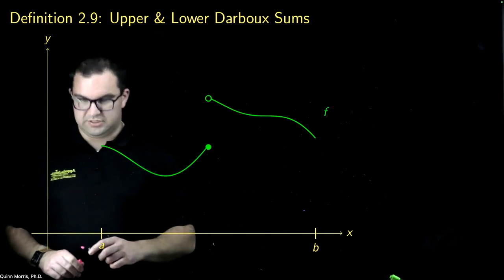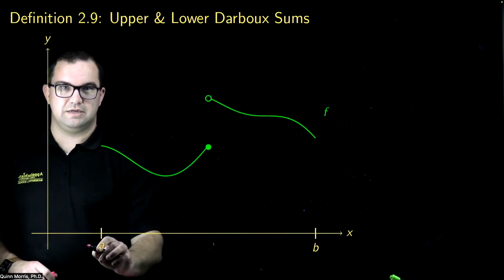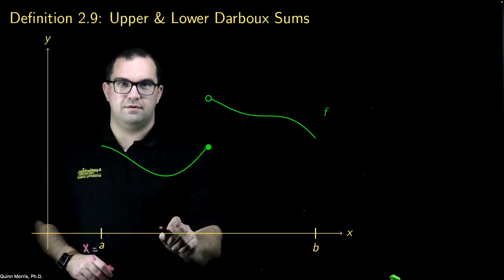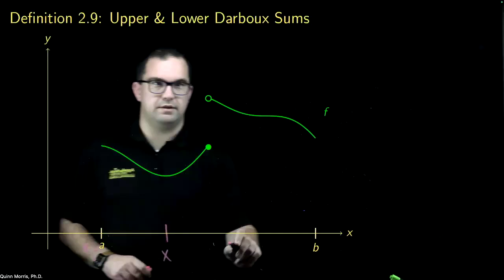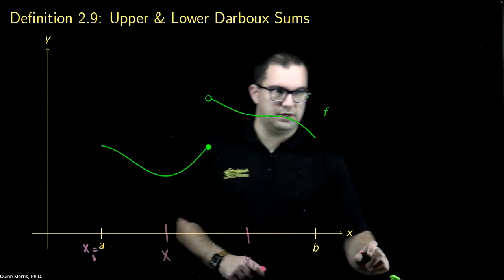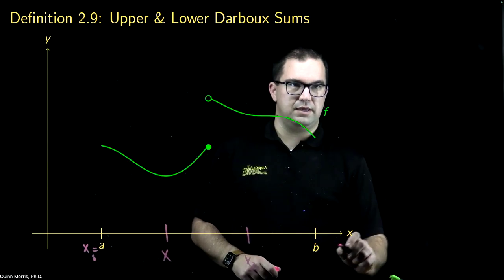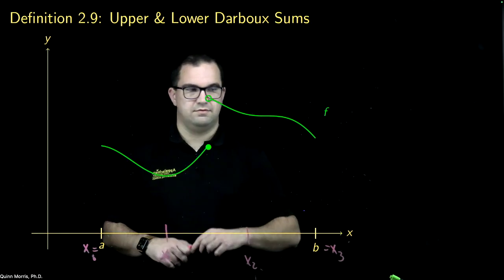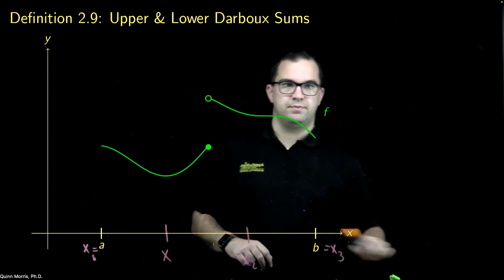Let's say we took some particular partition. So we have x0 being our A. Let's say we just have an x1. Maybe I'll make this really basic, an x2. And then let's just say our B is our x3. So a very, very small partition here.